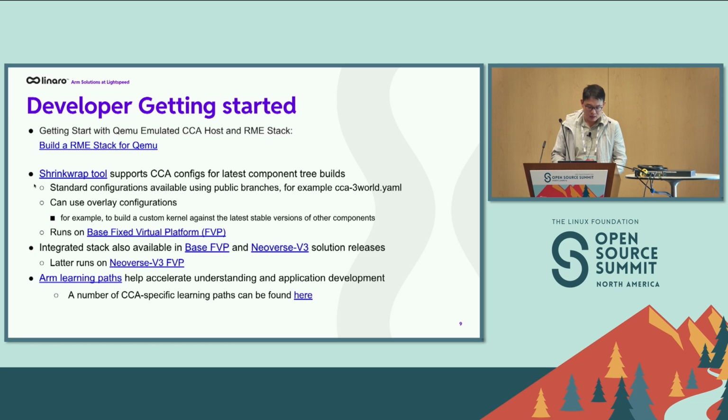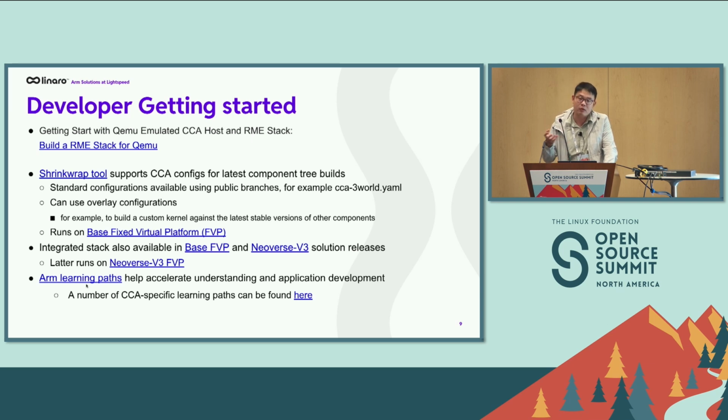The other method is proposed by Arm. This is the Shrinkwrap tool, which supports CCA configurations. This one is based on the Arm FVP, which is not only the base FVP but also the Neoverse V3. The FVP emulates more and has more feature support, especially device assignment hardware, so it emulates the development hardware.